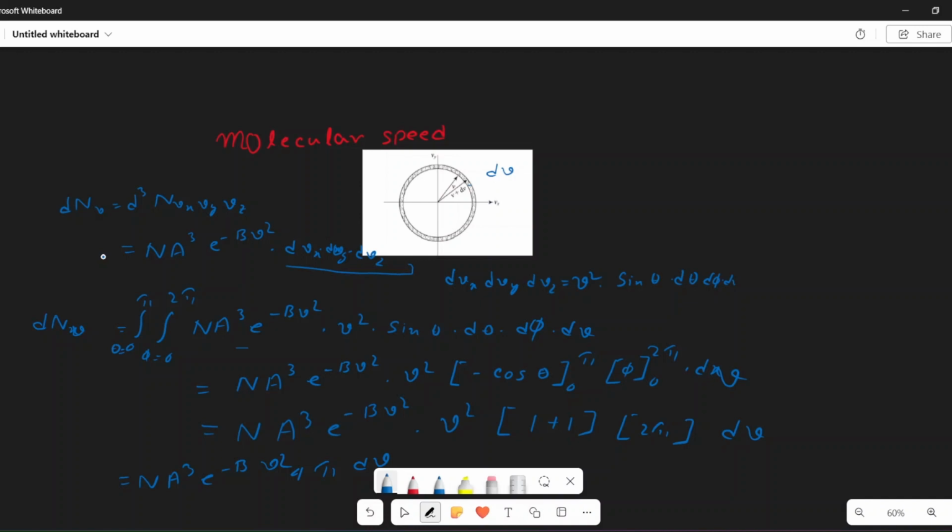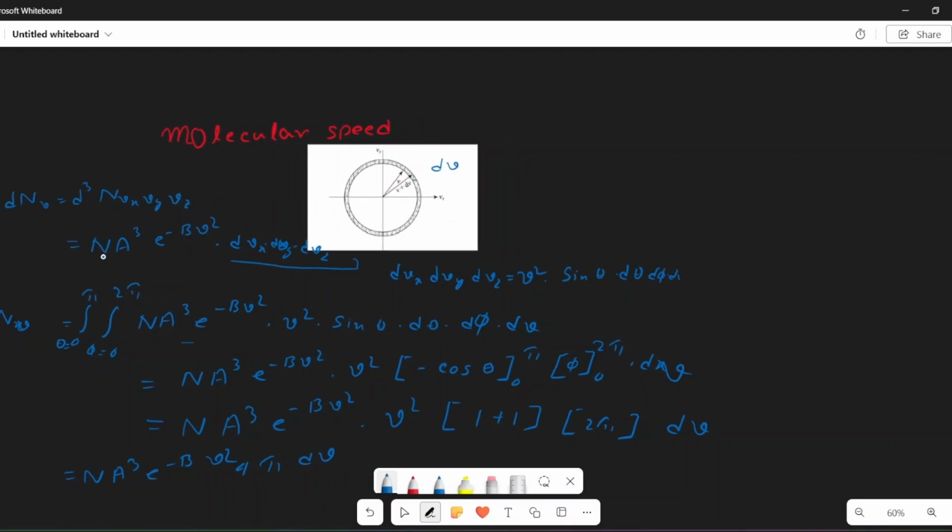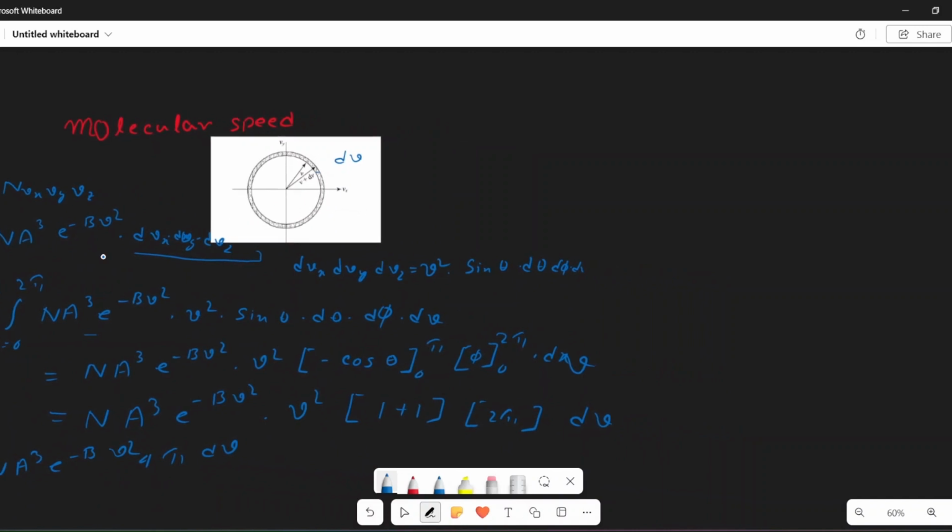Now look at the term carefully and write it here: N A cubed e to the power minus b v squared v squared dv, 4 pi. That is the term we get.